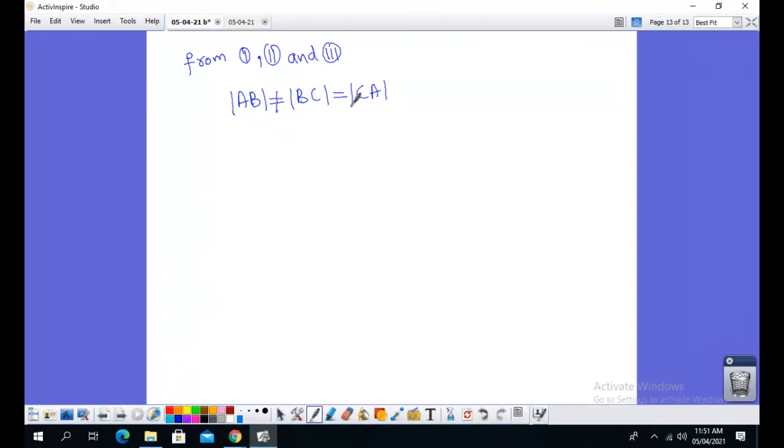Here we see that two distances, BC and CA, are the same, and according to the definition, an isosceles triangle is a triangle in which two sides are equal. Therefore ABC is an isosceles triangle. The triangle formed by these three vertices is an isosceles triangle. It's clear to everyone or not?